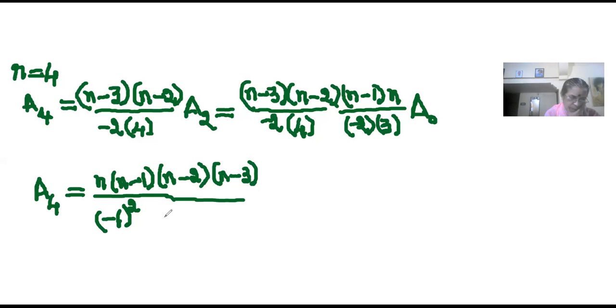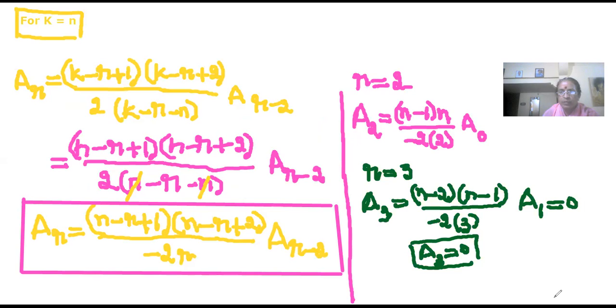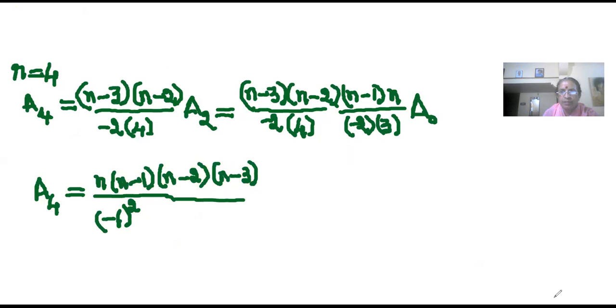And what is A2? Minus 2 into 2. By mistake, I have written here 3. This is 2 only. So we get 2 square.